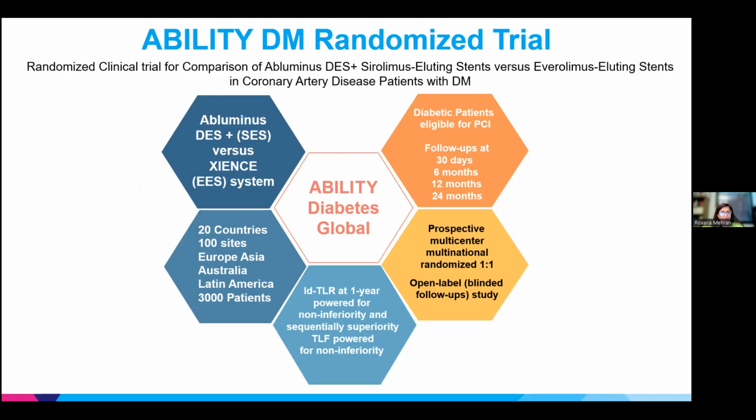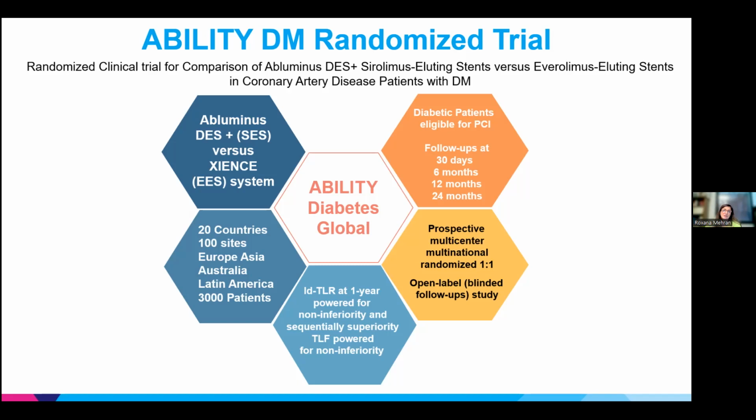We're up to 2,900 patients enrolled in the Ability Diabetes Global Trial. This is a prospective randomized clinical trial in patients who present for a percutaneous coronary intervention and have diabetes.